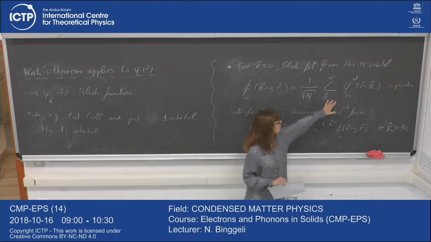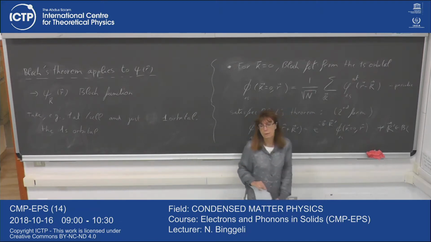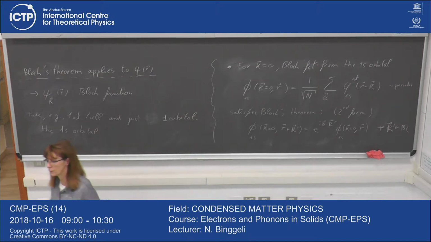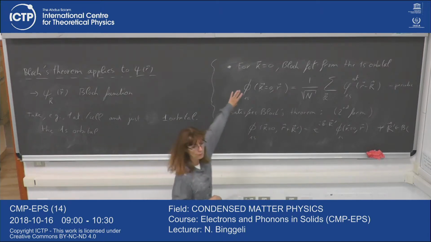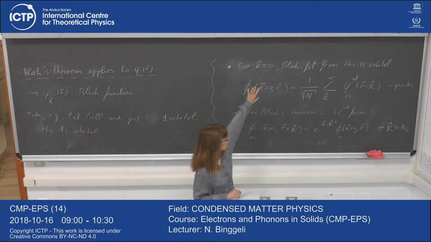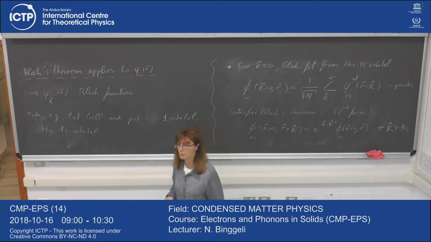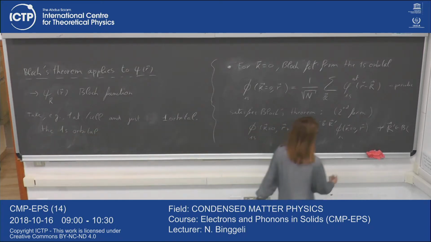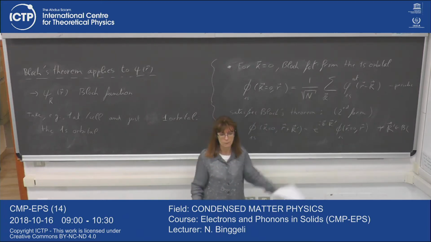And here I took the specific case of a 1s function, but I could do the same with a 2s function, or with a 2px, or a 2py, or a 2pz function. I would obtain a Bloch state at k equal to 0, I mean, a state that has the Bloch form for k equal to 0. So for k equal to 0, we know how, and this is obviously a linear combination of the atomic orbitals.